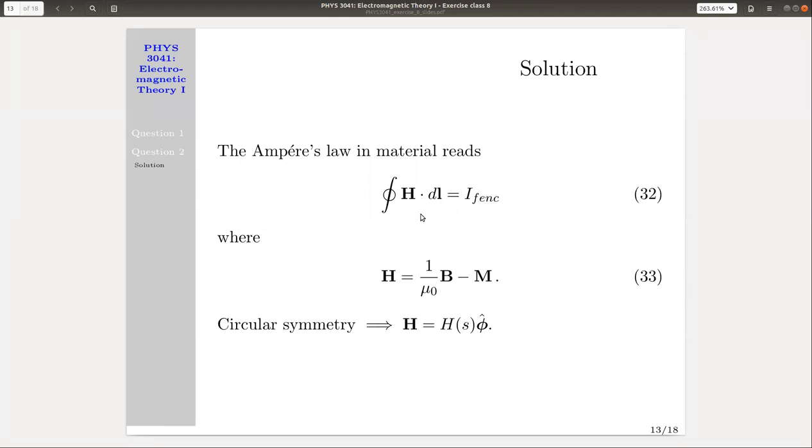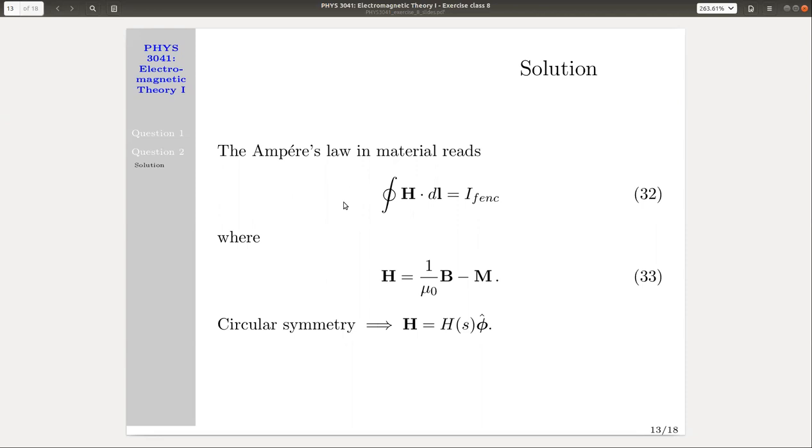So whenever the system exhibits some kind of symmetry, such as spherical or polar symmetry, it means that it's possible to draw some surface or loop over which the magnetic field or the electric field is uniform, and then we will be able to use Gauss's law or Ampere's law to simplify the calculations.